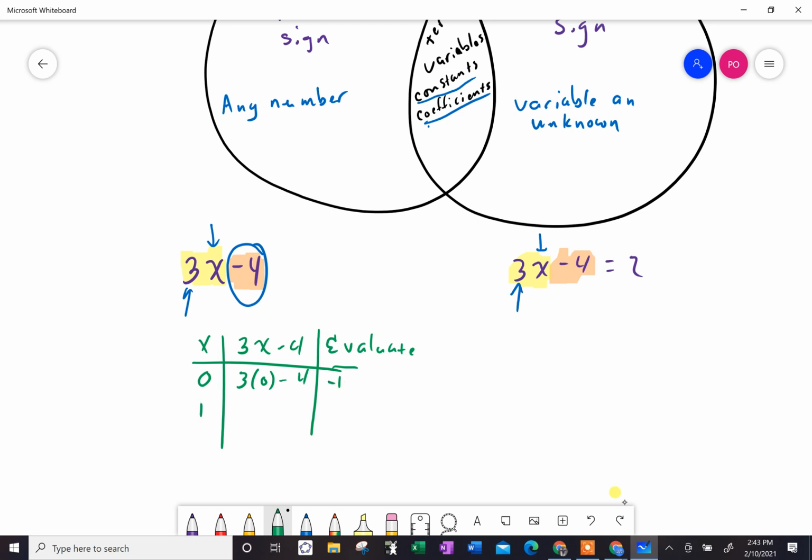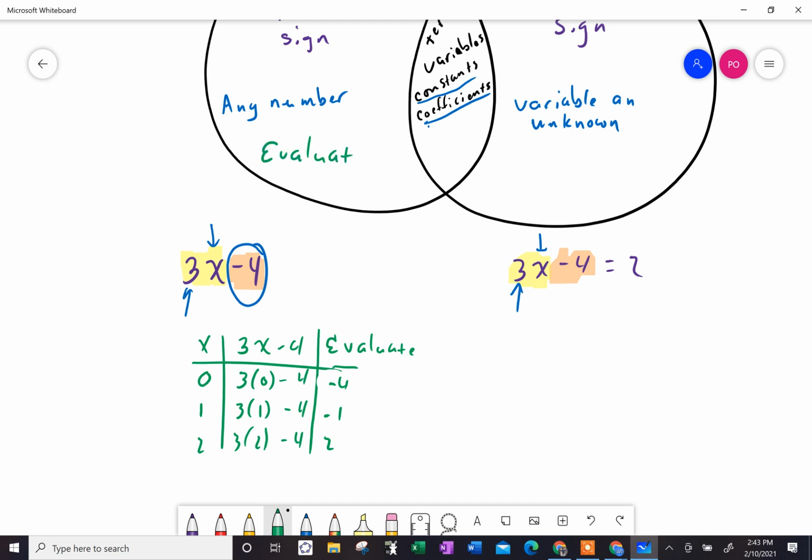If x equals 1, I get 3 minus 4, that's a -1. If x equals 2, I get 6 minus 4 is 2. So, you can evaluate expressions.